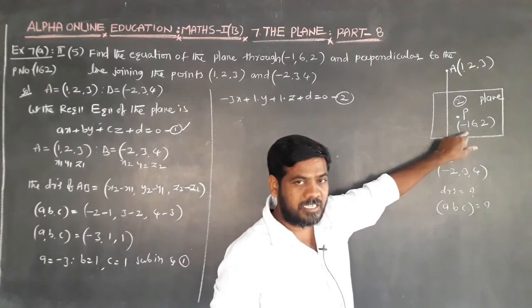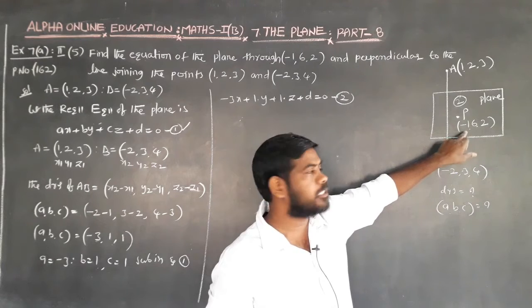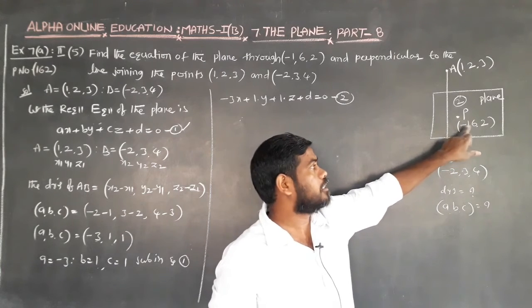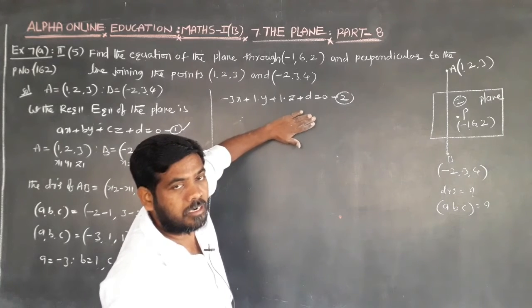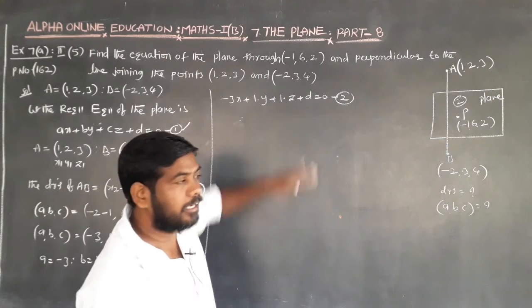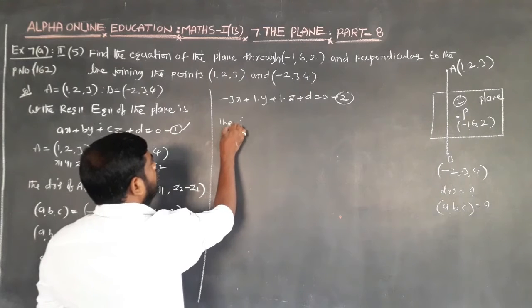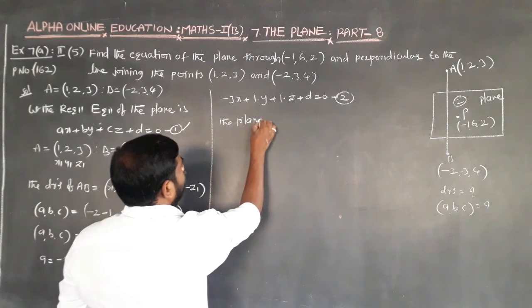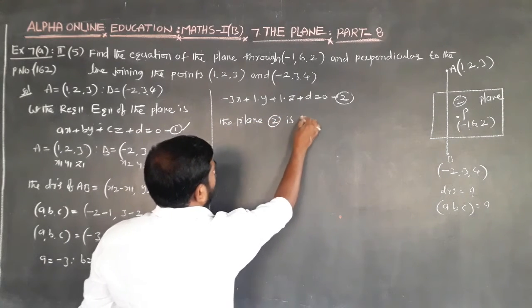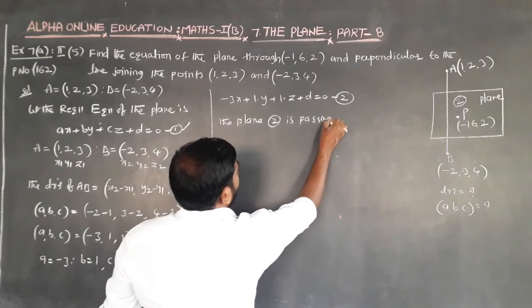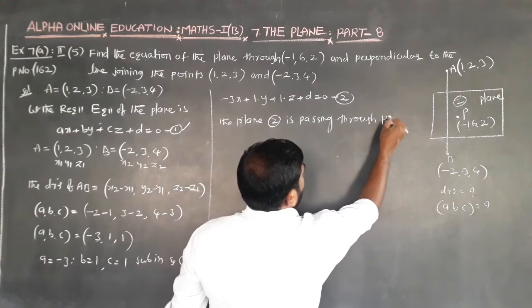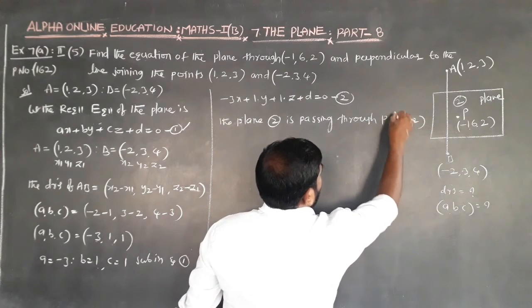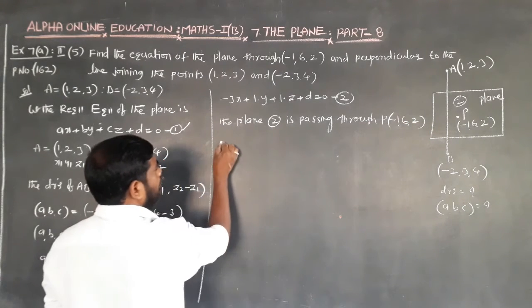The point P lies on the plane, or the plane is passing through the point (-1, 6, 2). So substitute P in plane equation 2.